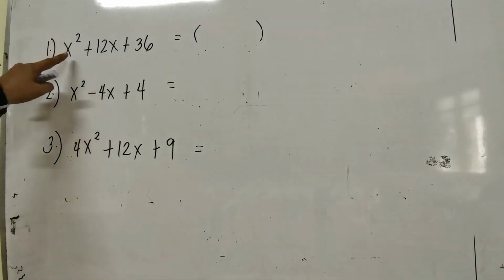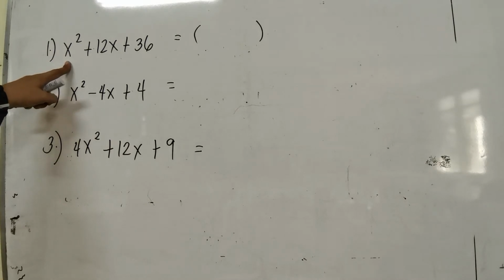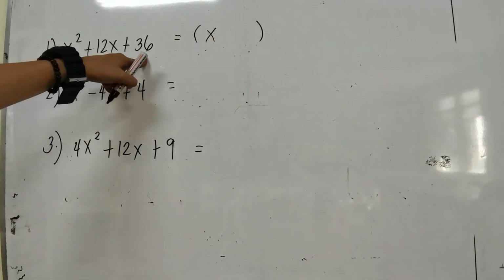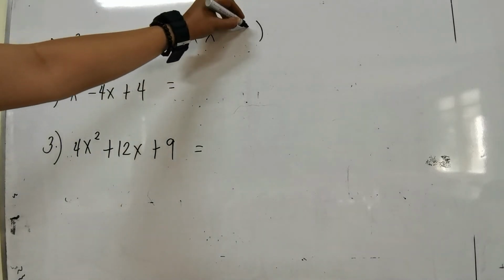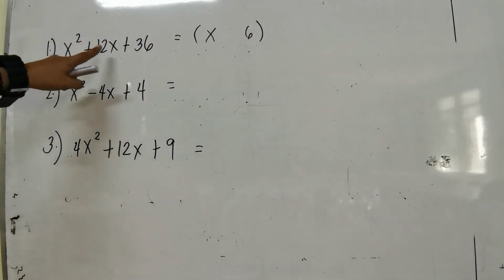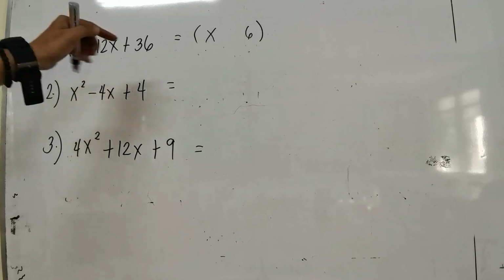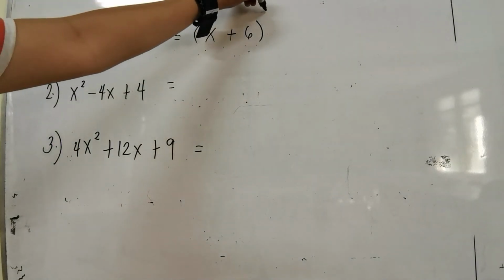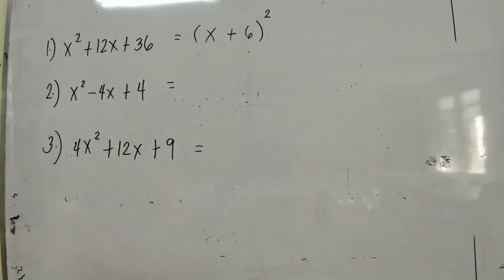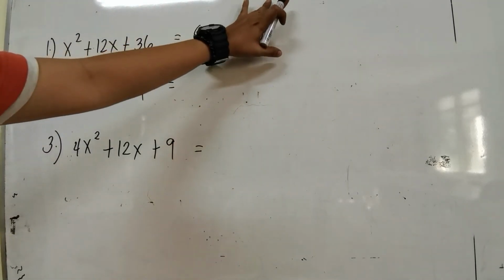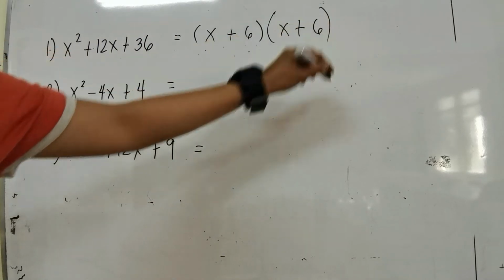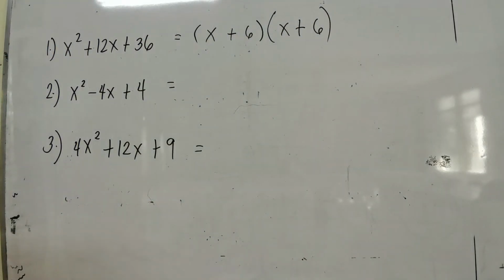So, we have, first step, get the square root of the first term, or x. Then, the square root of the last term is 6. Then, ang ipa-follow natin na sign ay sign ng middle term or positive. Then, after that, square mo lang. Or, pwede rin naman, kung ang ilalagay mo ay yung expanded form na x plus 6 and x plus 6. So, pareho lang po yun.